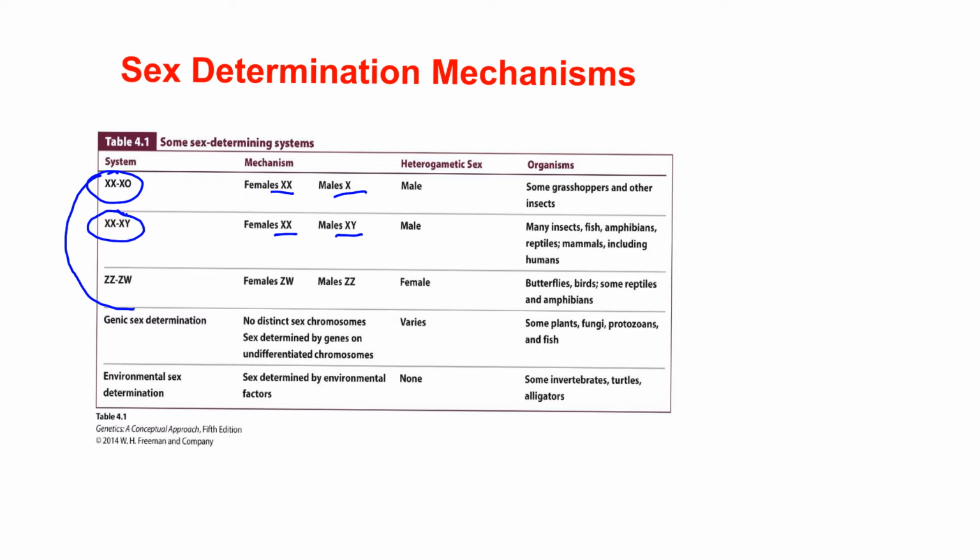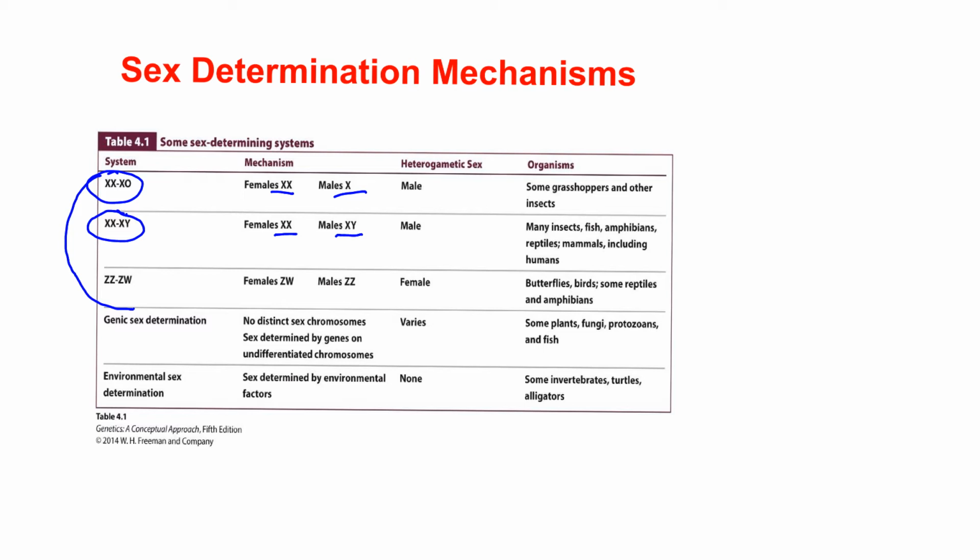They carry different genes, and it is the SRY gene, which is localized on the Y chromosome, which determines maleness. So it is a combination of chromosomal sex determination and genic sex determination. And we will talk about this system a little bit more later on.